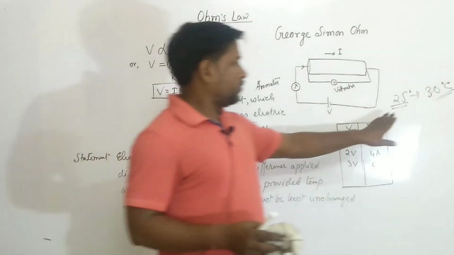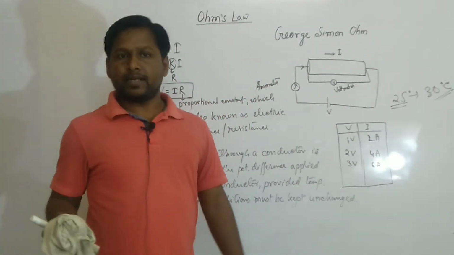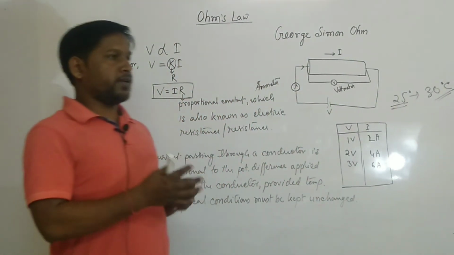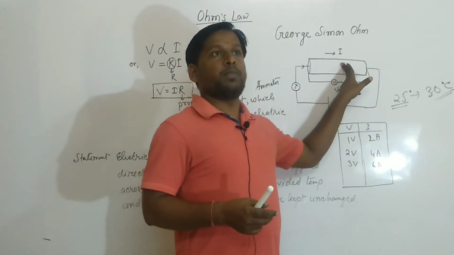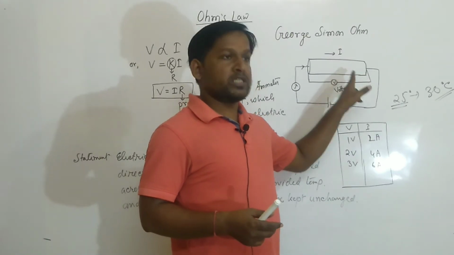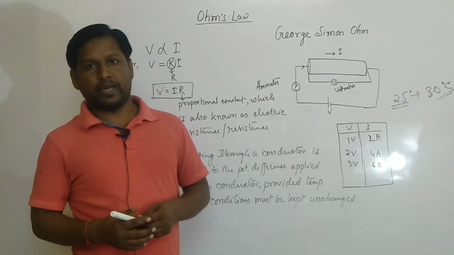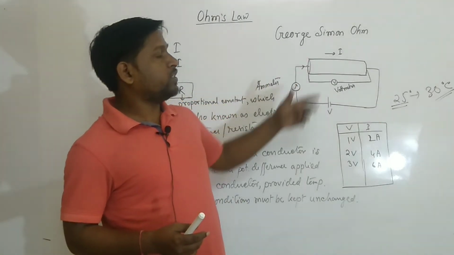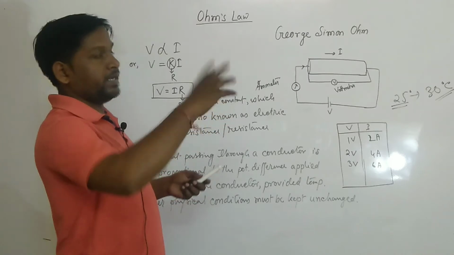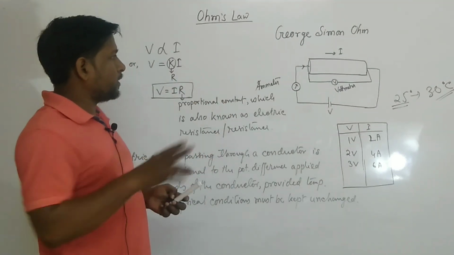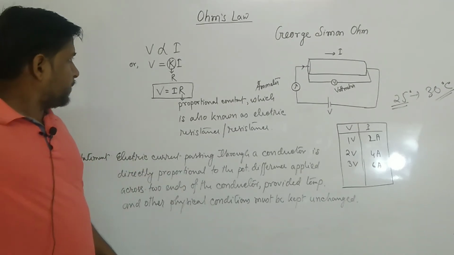Due to this increase in temperature, the already existing electrons or positive ions present in this conductor will keep vibrating vigorously, and in such a case relaxation time will decrease. Due to this decrease in relaxation time, ultimately the resistance of this conductor will increase. Actually we can show this mathematically, but later, after covering some topics, we will come to that point. Okay, so this is the statement of this equation.